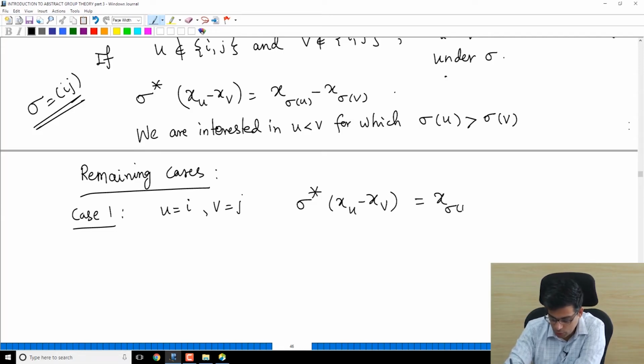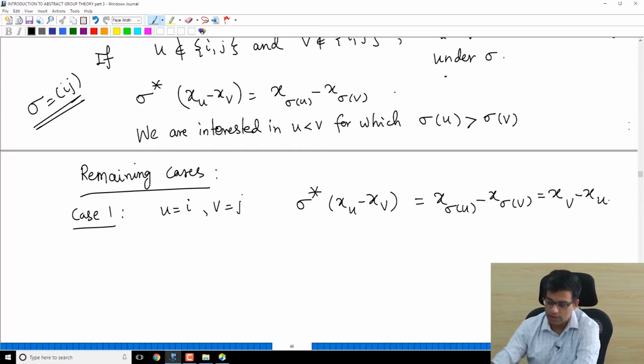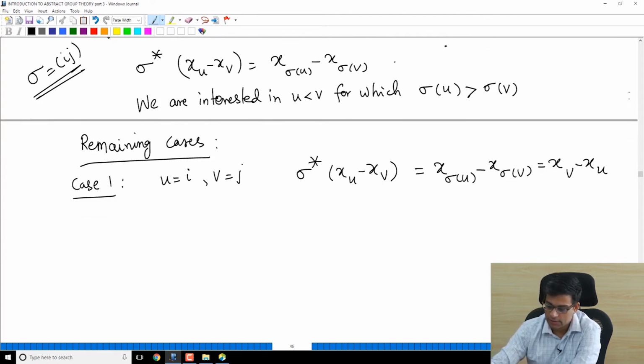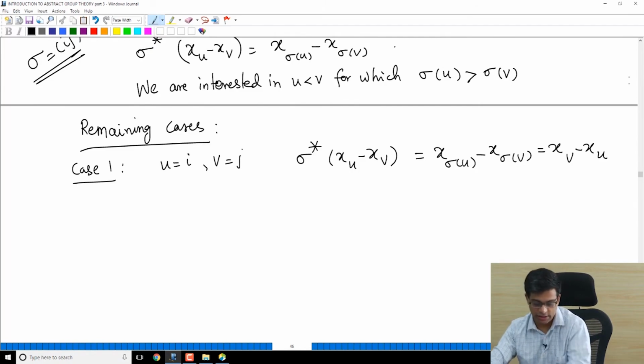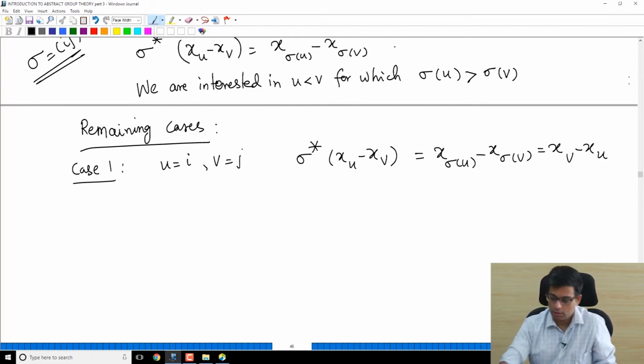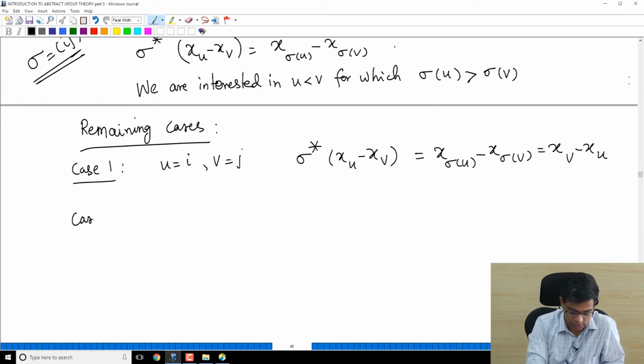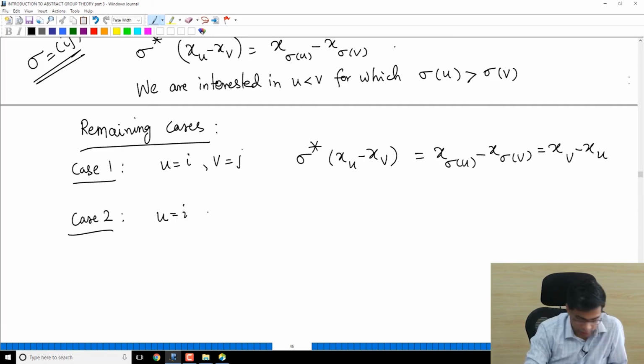This is x_sigma(u) minus x_sigma(v), but u is i, so this is x_j minus x_i. So this is one case where sigma(u) is of course bigger than sigma(v). So in this case the sign changes. So this is one situation where the sign changes. Let's take case 2. Let's take u to be i and v is something else.